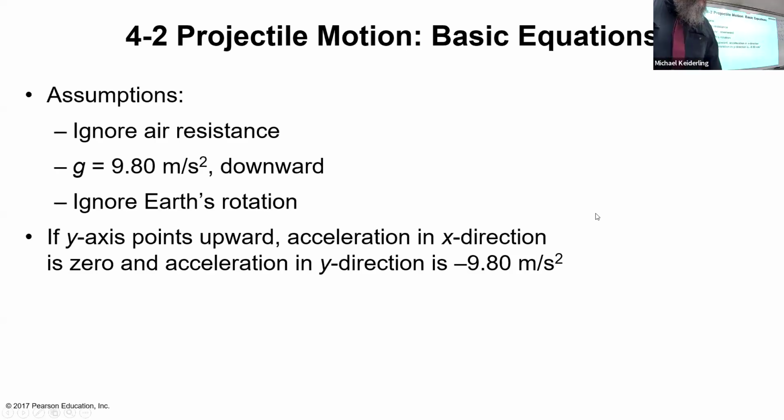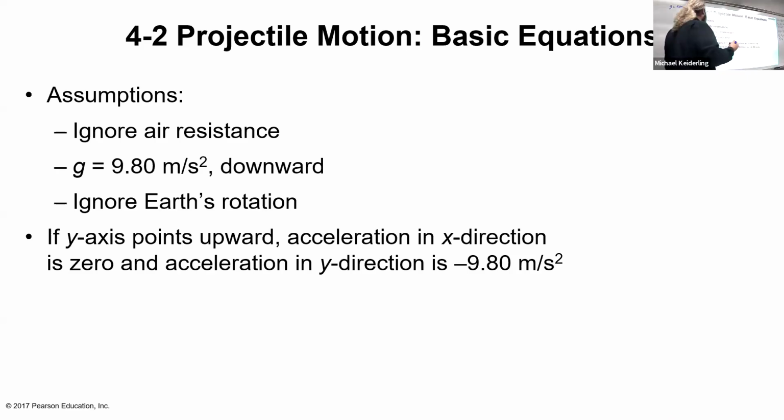So, for projectile motion, the basic equations are the same as these, with a couple of assumptions. We ignore air resistance. G is 9.80 meters per second squared, and the direction is down.